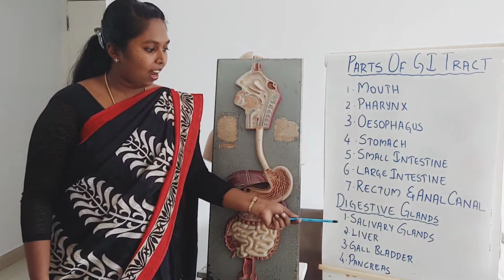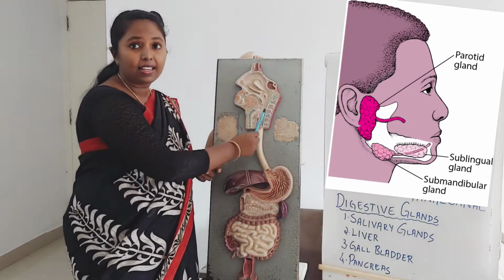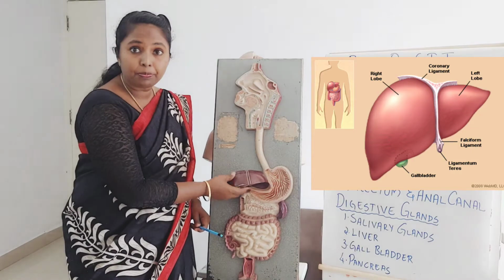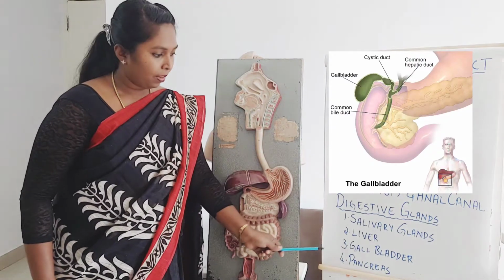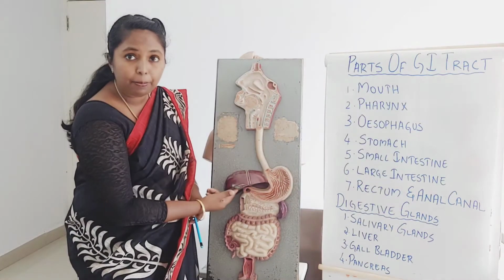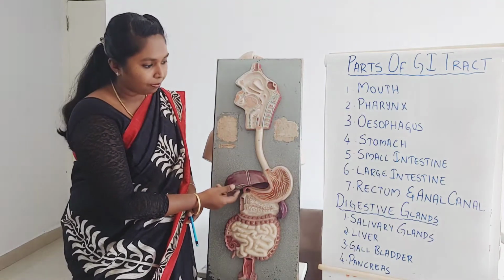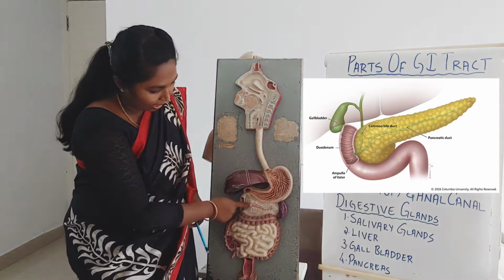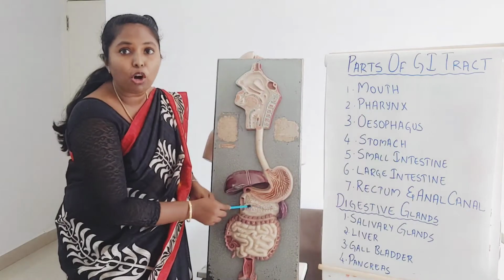They are the salivary glands, which are present around the mouth and neck area, the liver, the gallbladder and the pancreas. The gallbladder is seen a little below the liver as a green sac-like structure, and it secretes bile. The pancreas is a leafy-looking structure. This also secretes enzymes which are helpful for digestion.